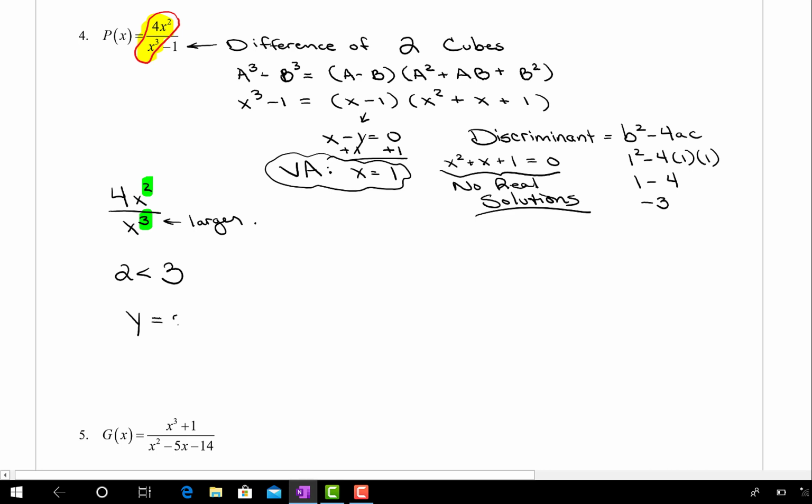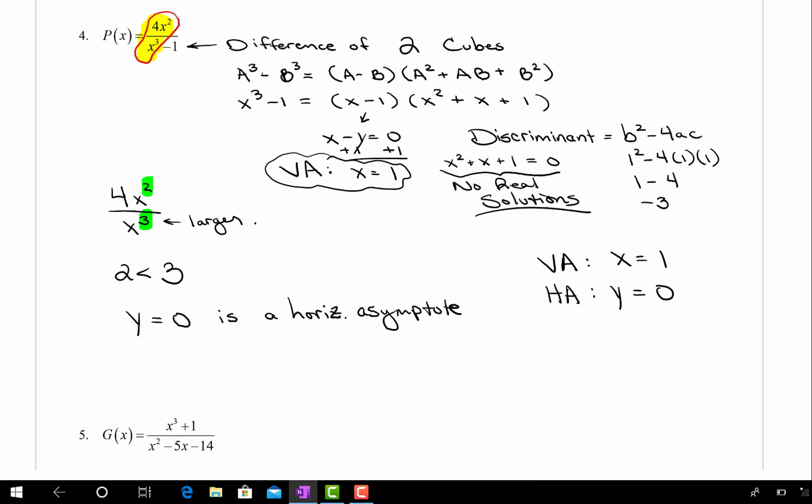So our horizontal asymptote is going to be y equal to 0. All right, good job. Vertical asymptote at x equal to 1. Horizontal asymptote at y equal to 0. Bam, we're done. Let's box our final answer and let's move on.